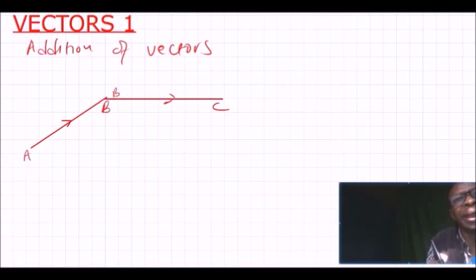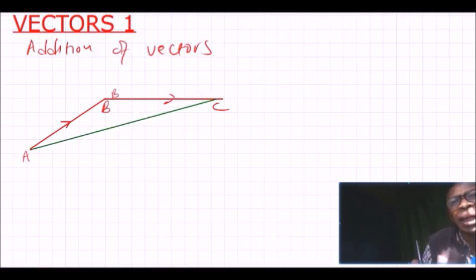So when you add two vectors, they form a vector from A to B to C. Then we have one vector which is a combination of the two. Remember, a vector describes movement. So if we say this vector is A and this vector is B, then this vector is A plus B. That is how we add vectors.